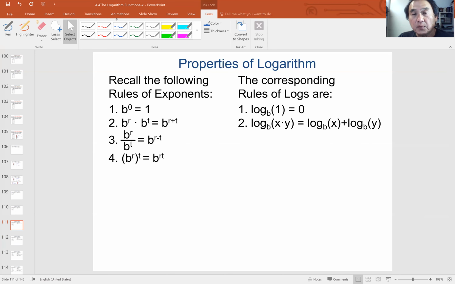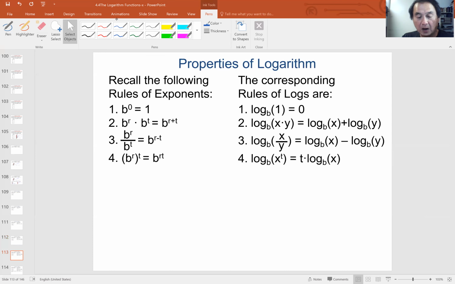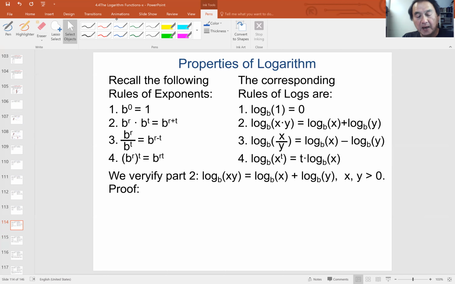When we log the product, it becomes addition of the logs. Log of quotients become subtractions of the logs. Power to a power, the power comes out. This is basically rephrasing each part of the rule carefully into the language of log.